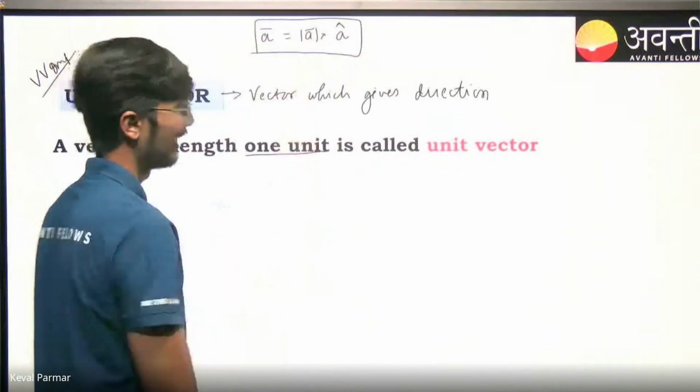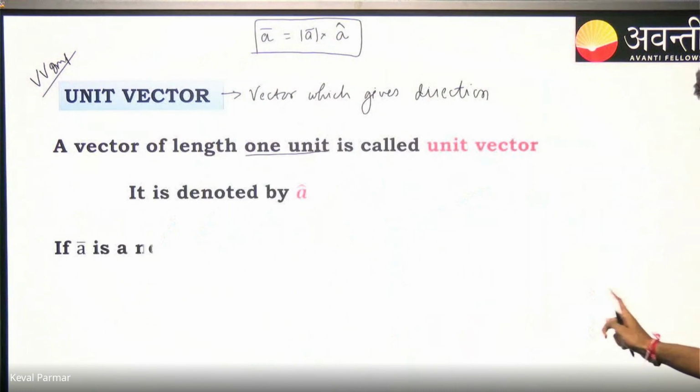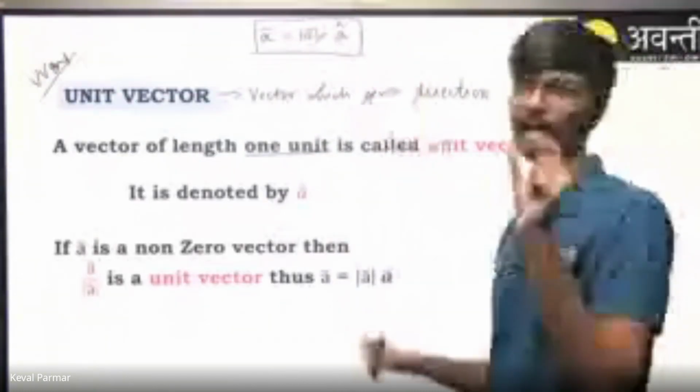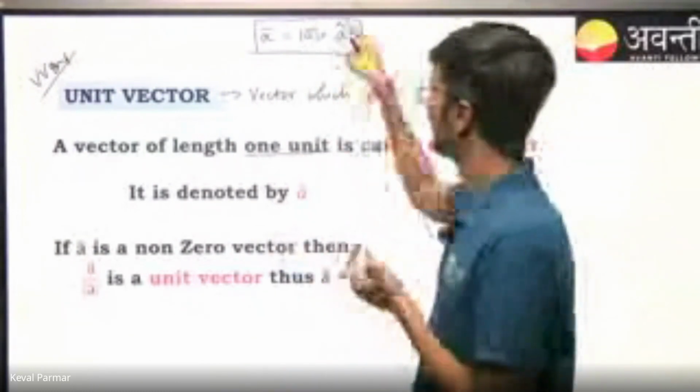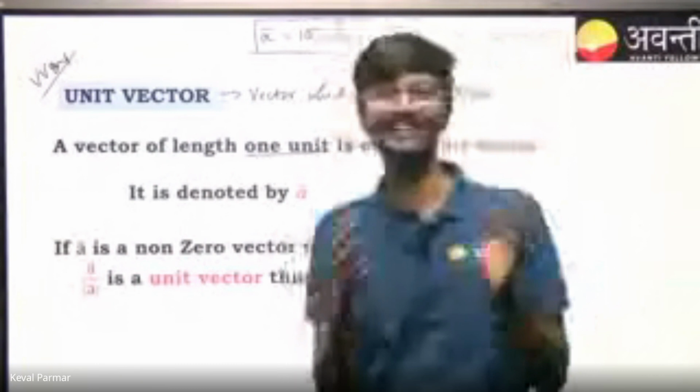So from this, I can easily get the formula for the unit vector, which is written here as a cap. I hope you know the symbol for a unit vector: the cap or triangle means it is a unit vector, read as a cap.